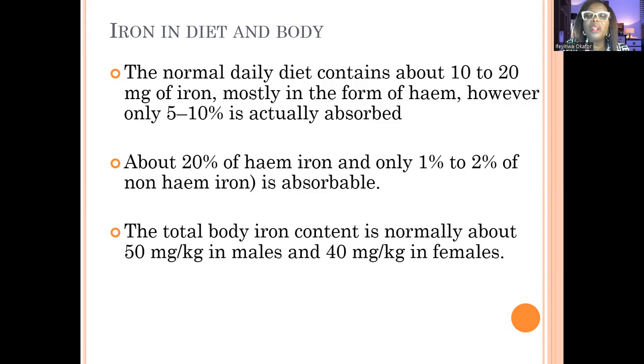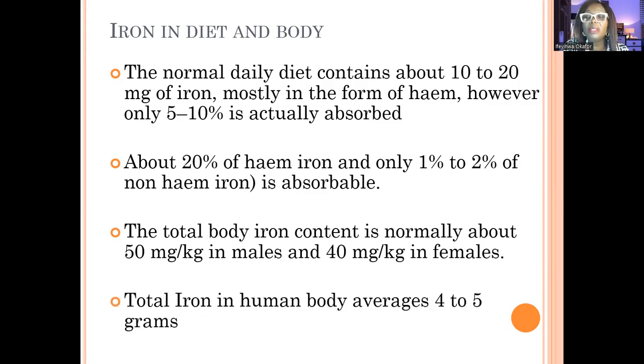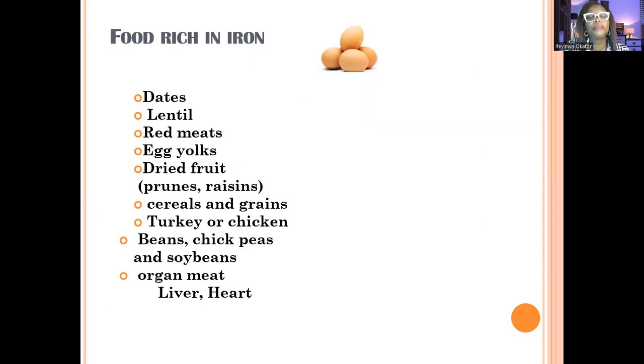The total body iron content is normally about 50 milligrams per kg in males and 40 milligrams per kg in females. And total iron in the human body averages, like I said before, 4 to 5 grams.